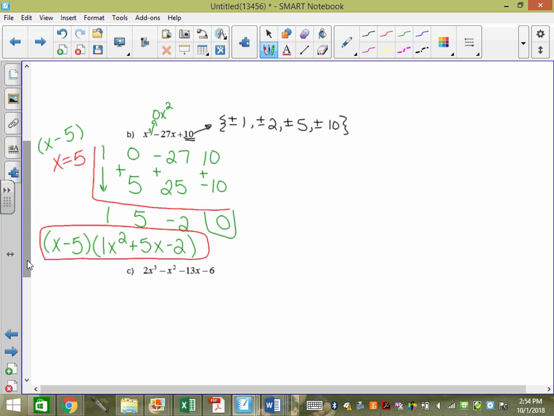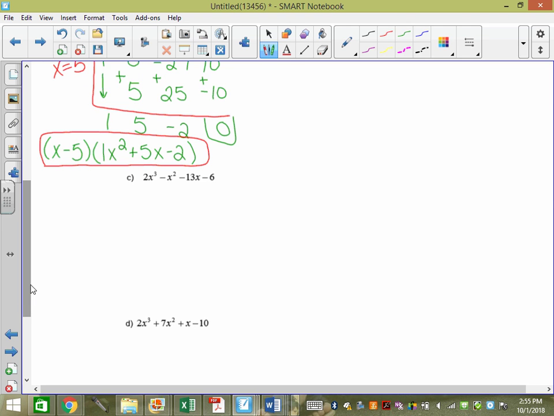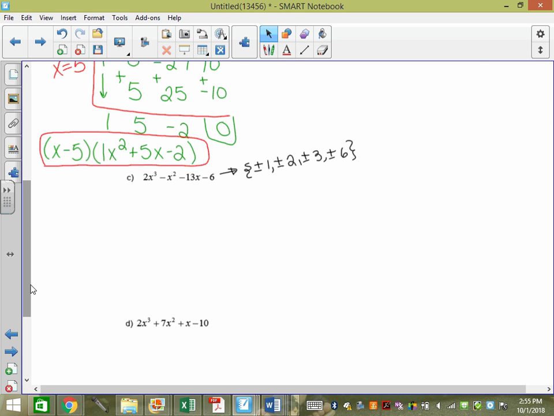So type this one into your calculator. This one here, my possible zeros are plus or minus 1, plus or minus 2, plus or minus 3, plus or minus 6. Which one works?